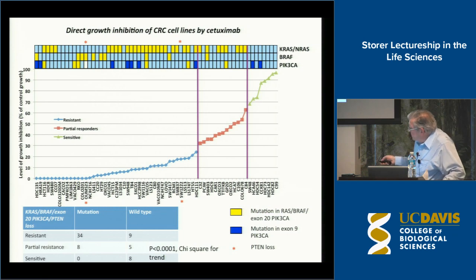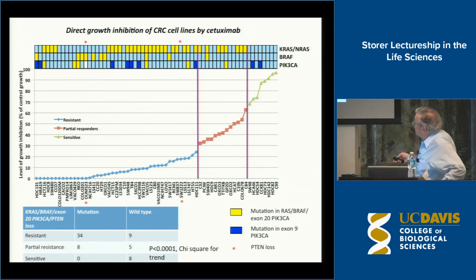And if you do the proper statistics of that and classify resistant, partially resistant, and sensitive, presence of one or more of these mutations, this is 34, 8, and 0 there, presence of wild type is there, and if you do a statistical analysis of that, even with these numbers, you get huge significance. So there's an enormous effect of whether you're wild type for these genes on whether you respond to cetuximab.